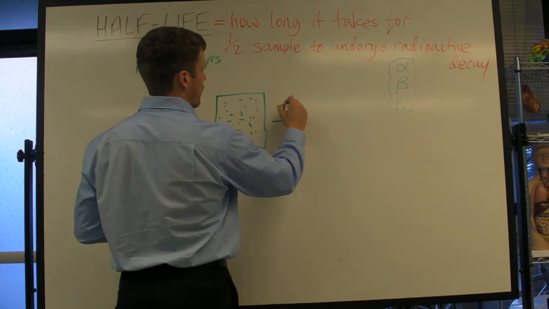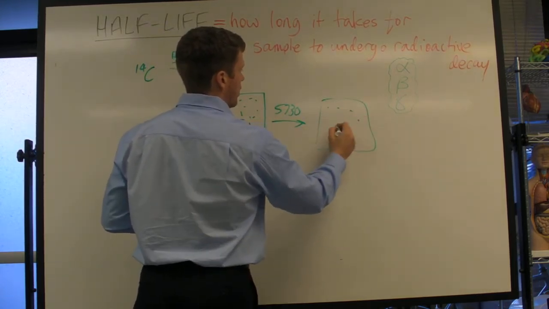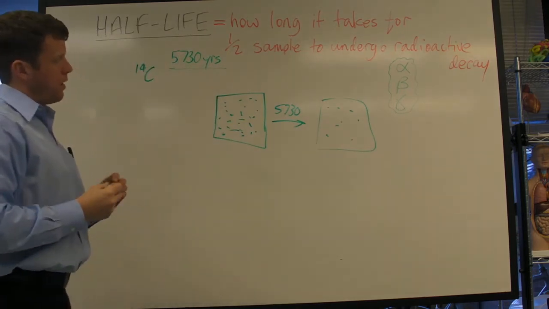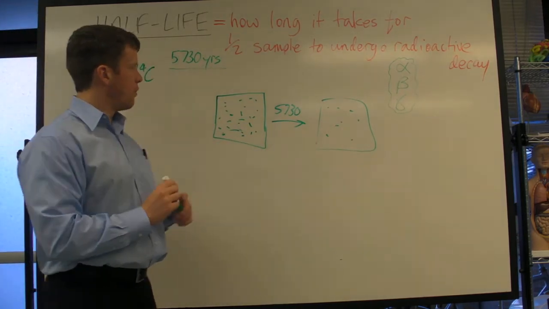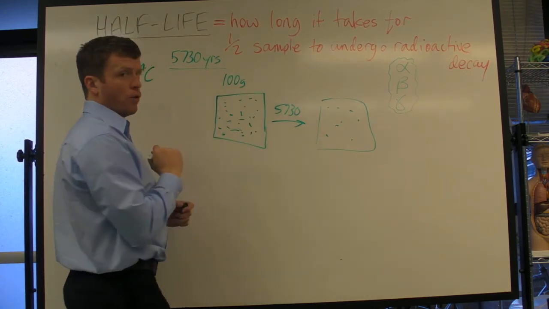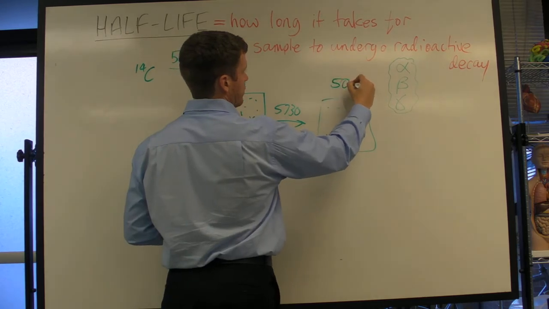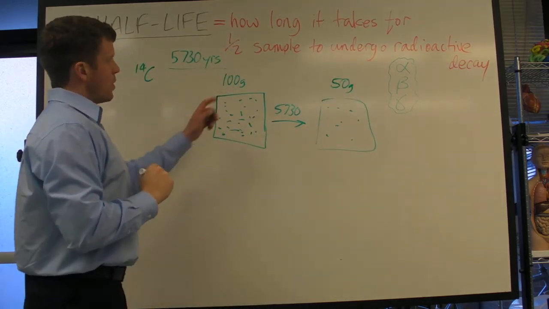After 5,730 years, you've got half the amount. So if we started with, say, 100 grams of carbon-14, after this many years we'd have 50, which is half.